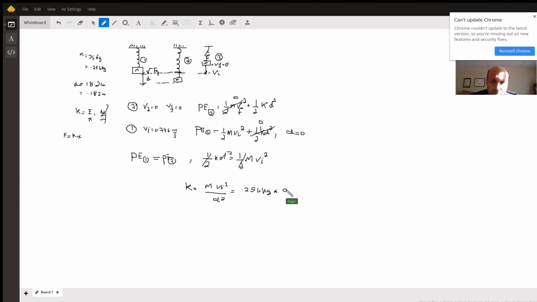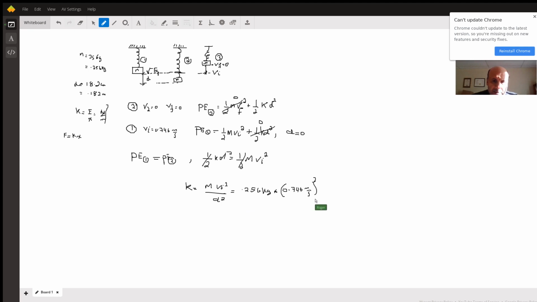0.746 meter per second, but that is squared, so we're going to square that. All of that divided by d squared.